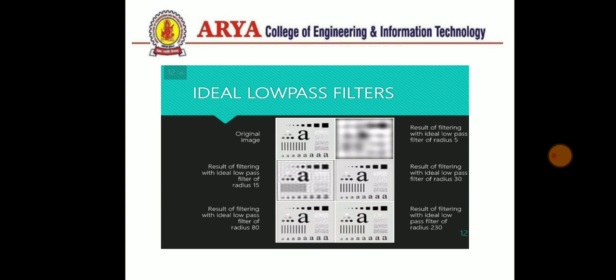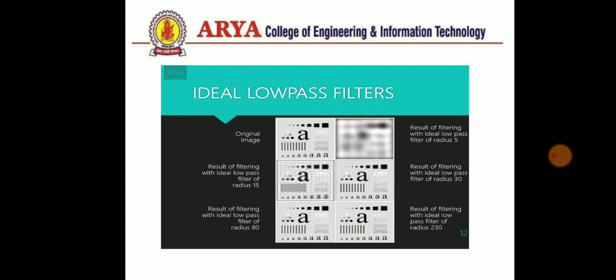The third part shows the result of filtering with an ideal low pass filter of radius 80. Here we can see the difference between radius 15 and radius 80. As I have already told you, as the value of the radius increases, it will filter more and more data, which is more visible and clearly seen.